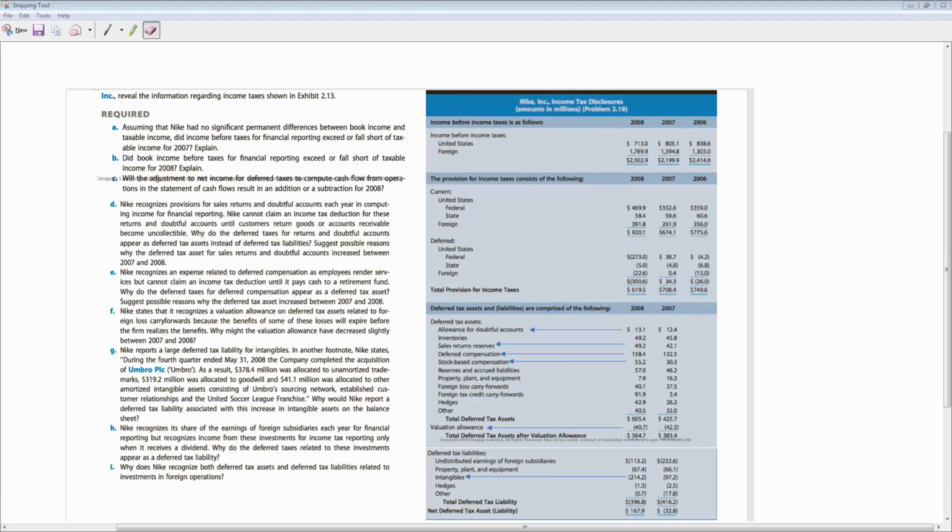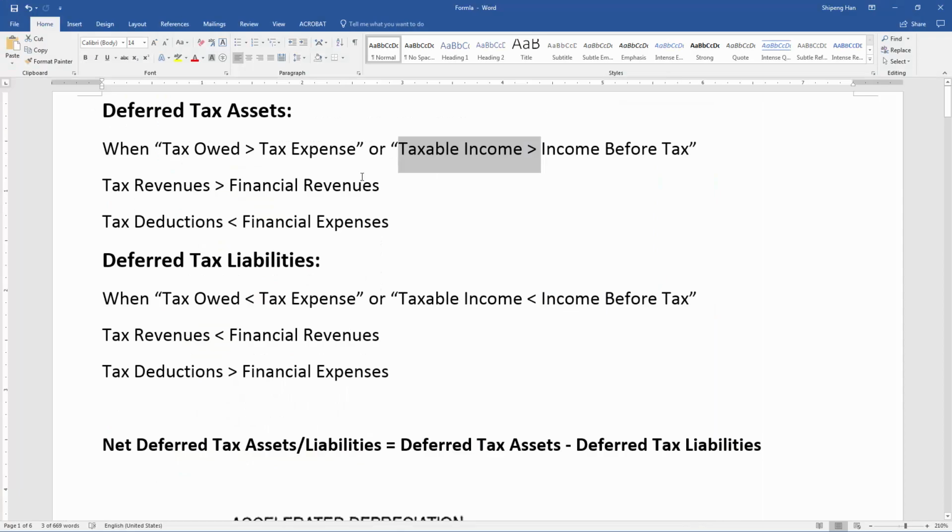Question G. When Nike acquired Umbro, it was able to deduct a large amount of these costs currently, although for financial reporting the company is required to recognize intangible assets. So we know this large deduction will make the income before tax greater than taxable income, because the large deduction is allowed for tax reporting.